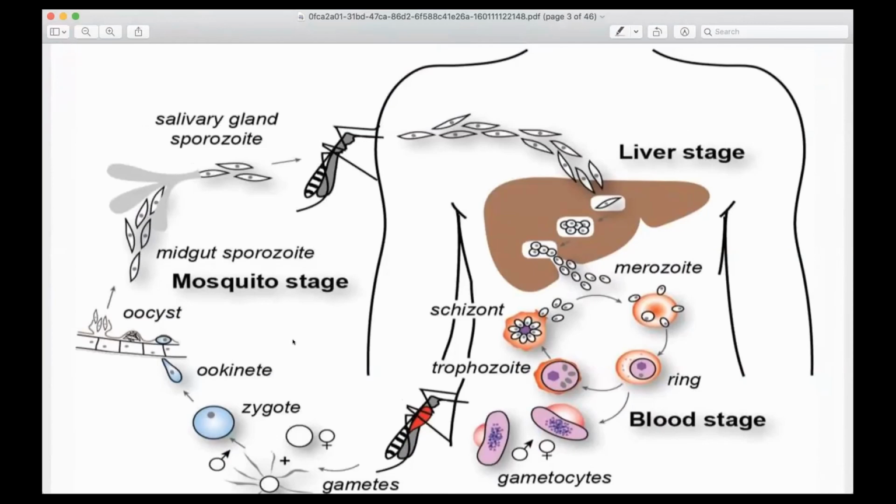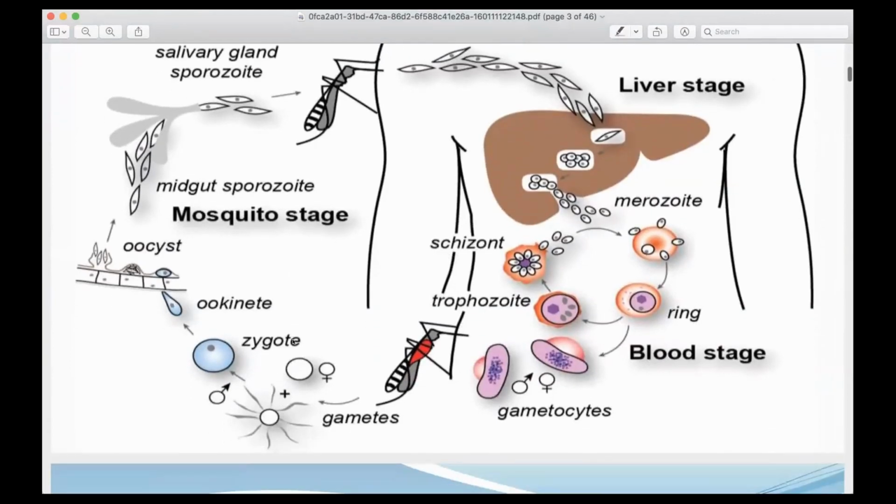The mosquito sucks the blood, which contains the gametocytes, and these enter the mosquito's body.